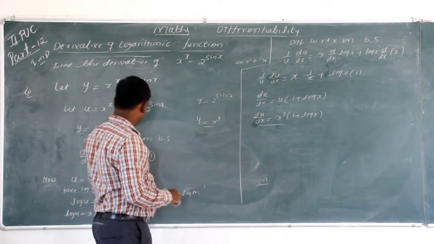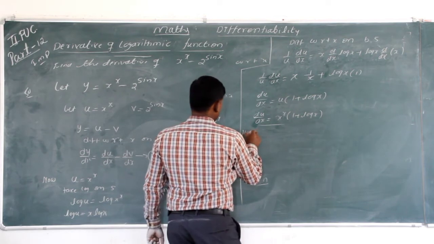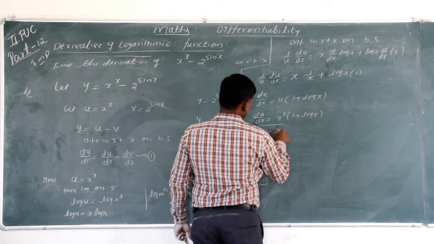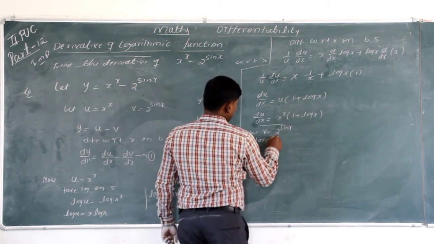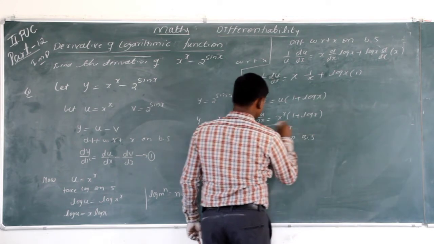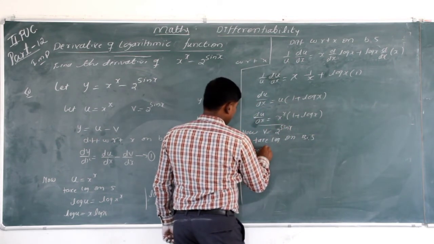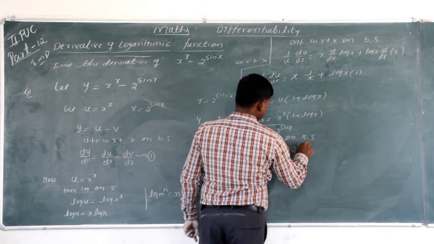So similarly, we find the derivative of v. Now v is equal to 2 to the power of sin x. So take log on both sides. Then we get log v is equal to log of 2 to the power of sin x.